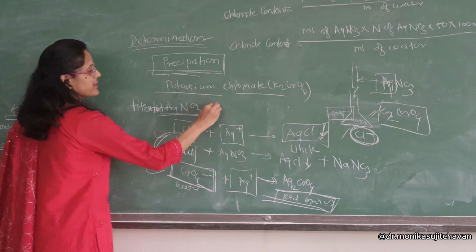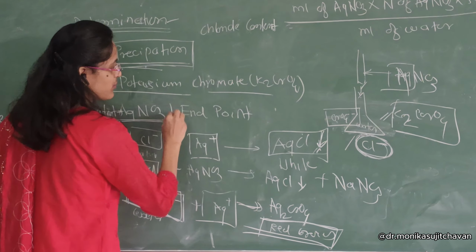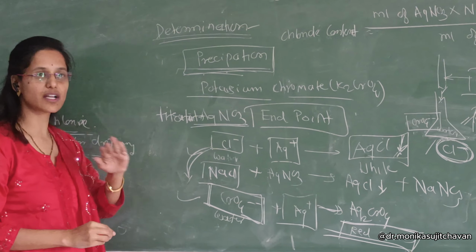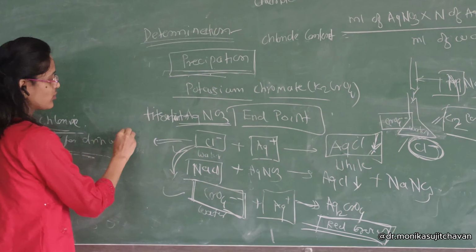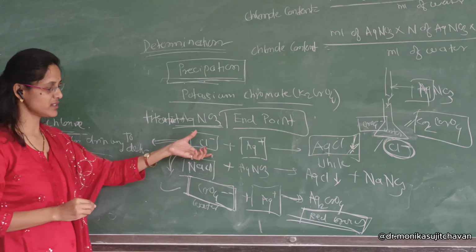The appearance of the reddish brown color is nothing but the end point, which indicates that the Cl minus present in the water is consumed. That is our target to determine the chloride content of the water sample. So what is the end point?